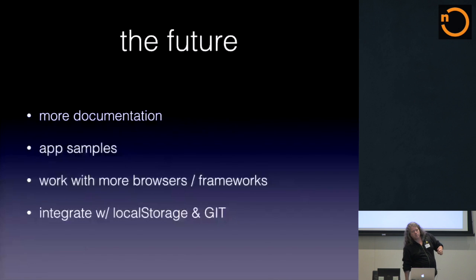I have a friend who built some JavaScript client libraries to treat local storage as a local Git repo, and it does the Git HTTP protocol over to a Git repo, so you can actually type in your application here locally, say commit, and it will push it up to your Git repo. So that's something I'm going to try and get working.